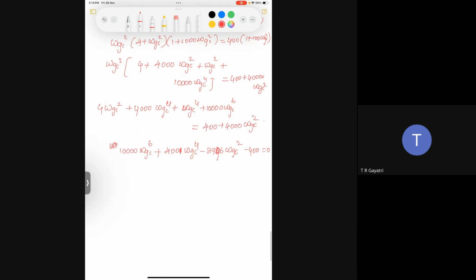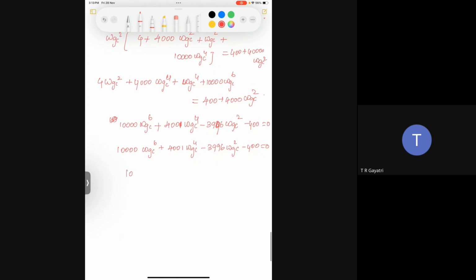Let me know if I missed something. Substituting x for omega GC square, it's 10,000.